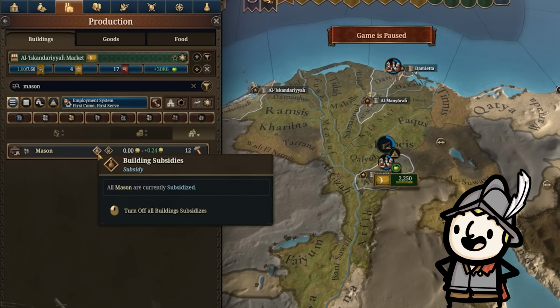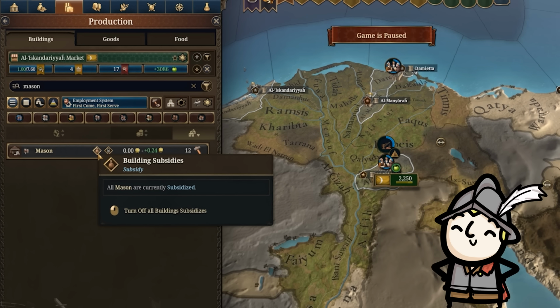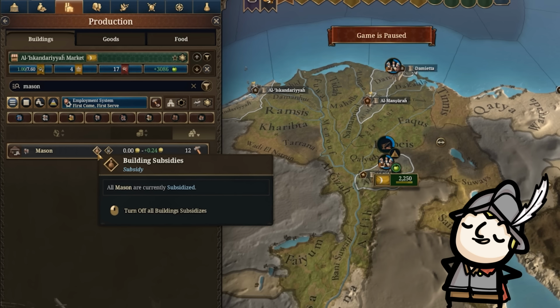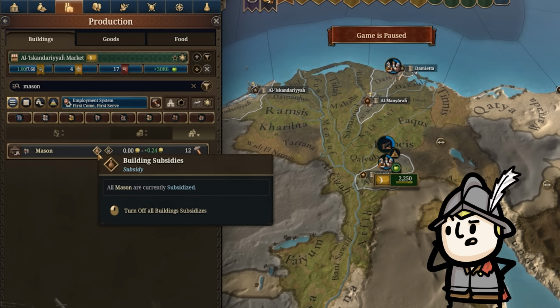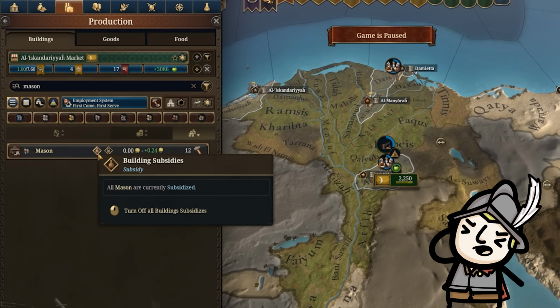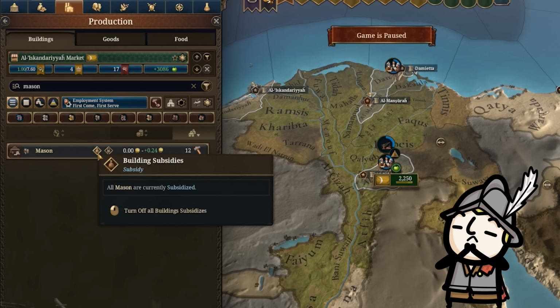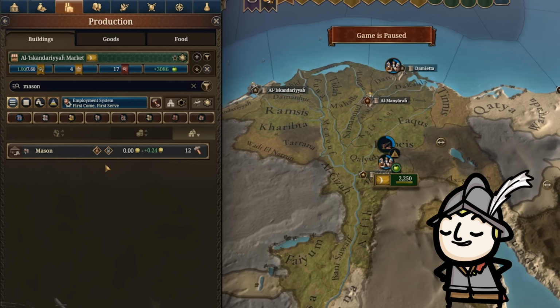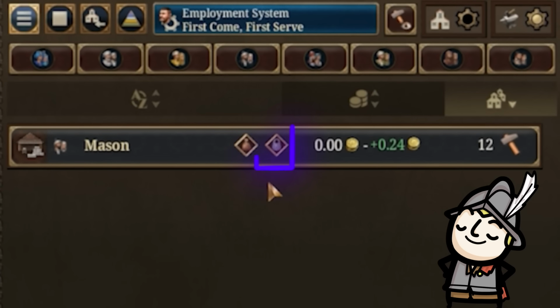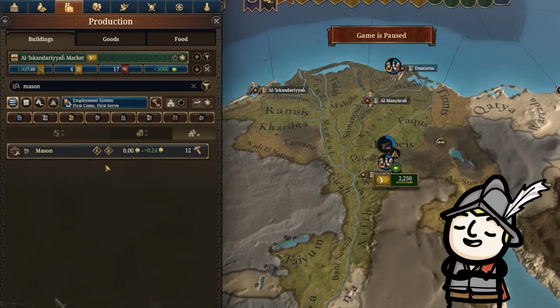Another example could be military goods. You may find yourself in a situation where continuously building a lot of cannons is not a profitable endeavor, but you want to keep them available in case you go to war. You can subsidize the industry. Your other option here is to close the buildings. The little padlock will shutter the building without destroying it. There's a number of situations where this is a viable strategy too.